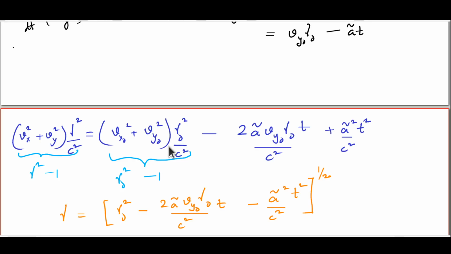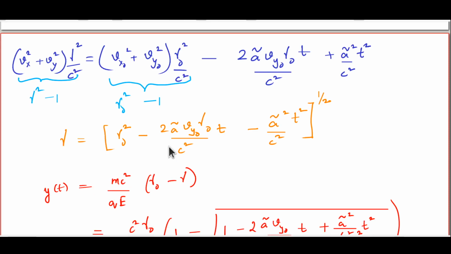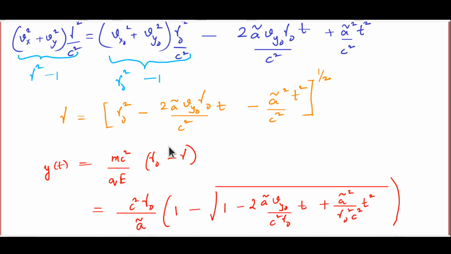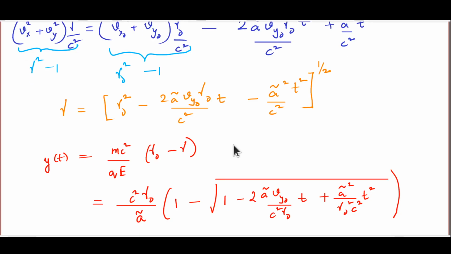That's the square of gamma, of course. Gamma is the square root. Now this tells us what height a particle achieves at a given time simply by using the fact that y of t is mc² by qE times (γ0 minus γ). Plugging in the value of gamma that we have as a function of time, we do end up with y as a function of time here.